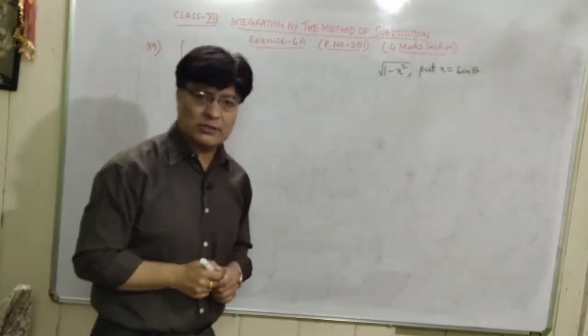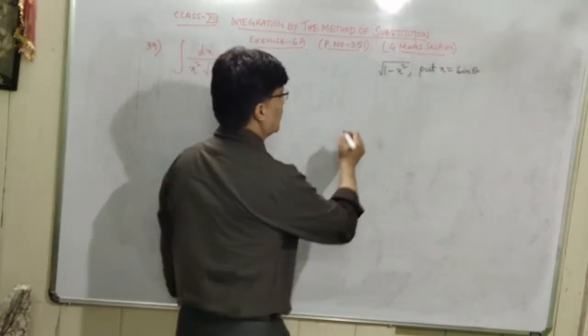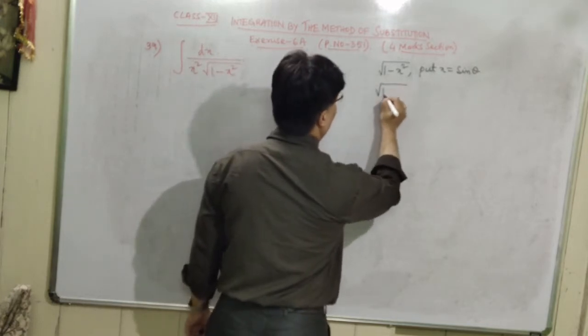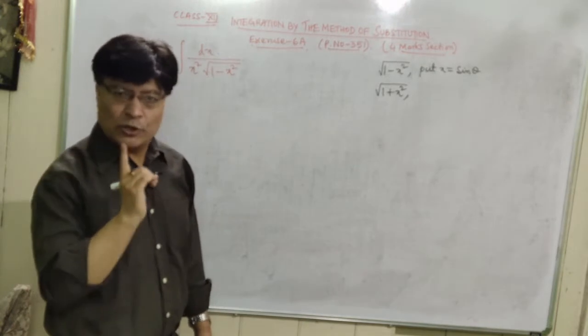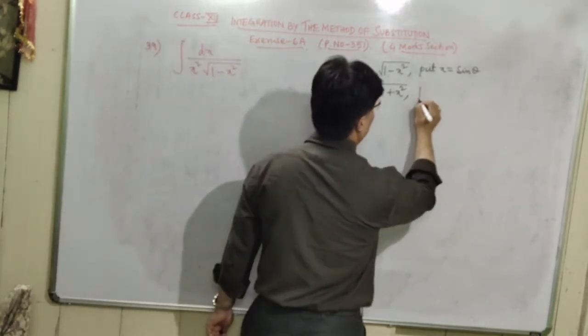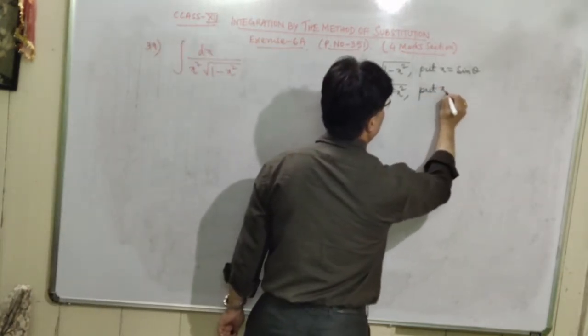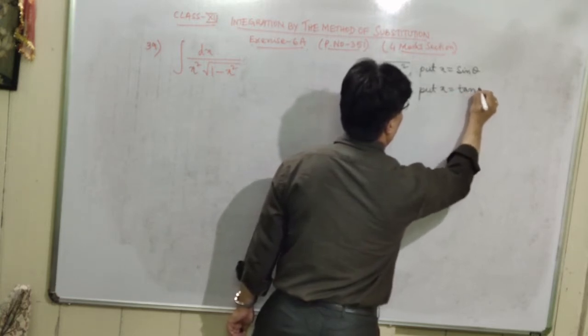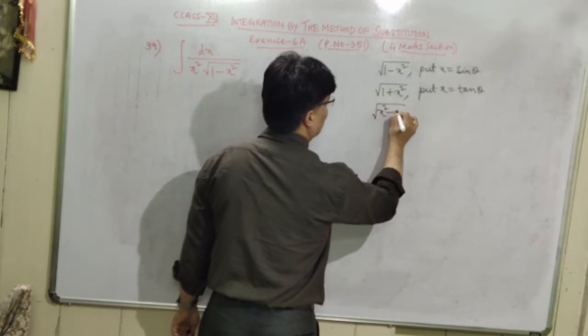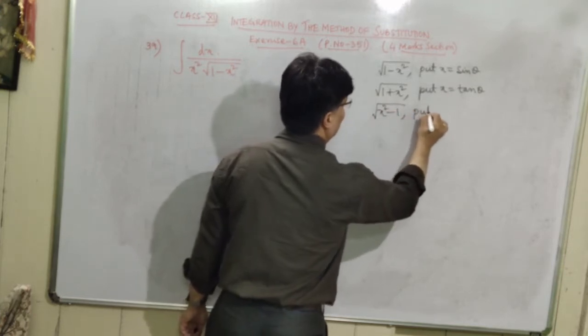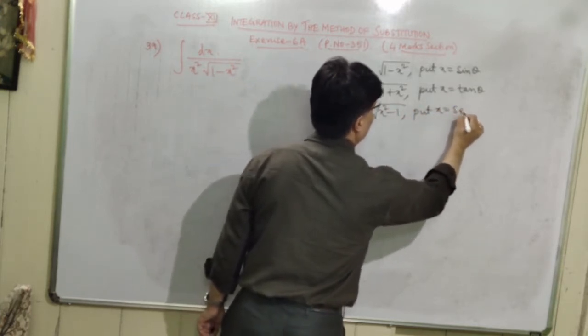that is positive cos theta. Okay, so if you have root over 1 plus x square, what should you put for x? You put x is equal to tan theta. And if you have root over x square minus 1, you put x is equal to what?